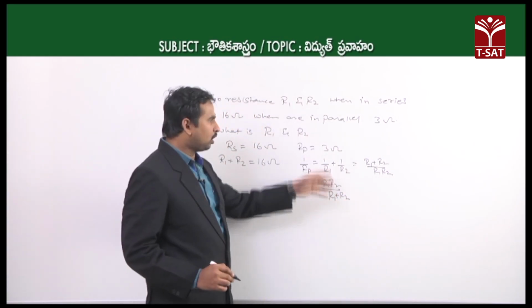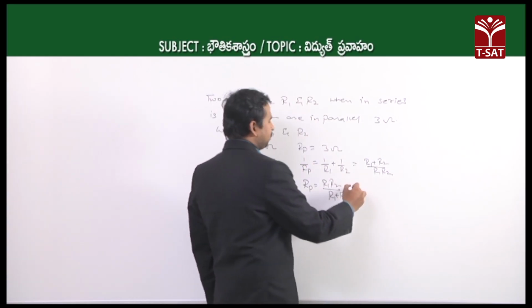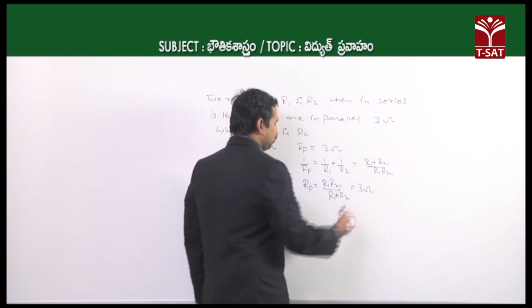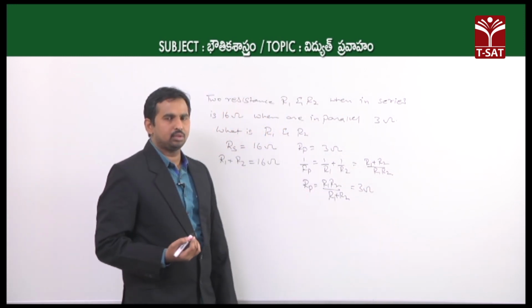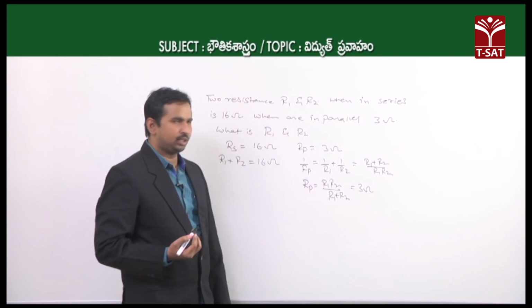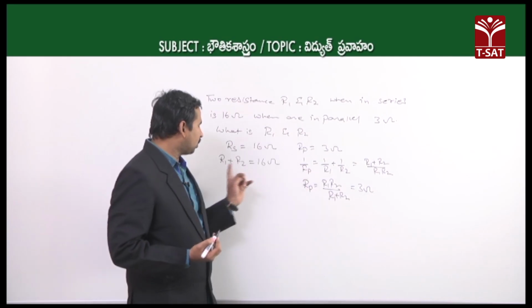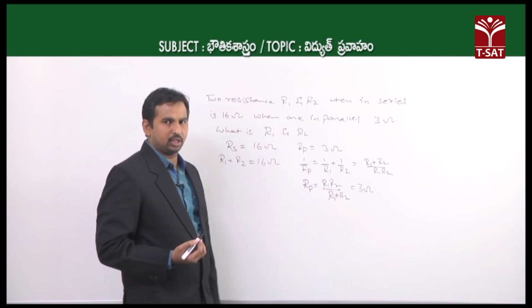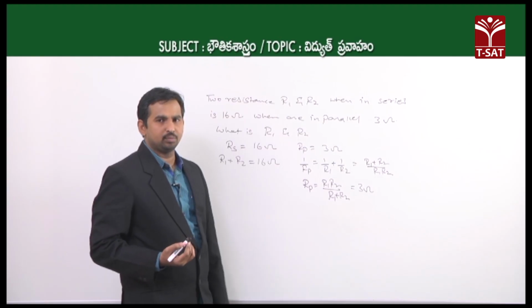This value Rp is already given as 3 ohms. And we know already that R1 plus R2 is 16, so R1 R2 we can get from this value.